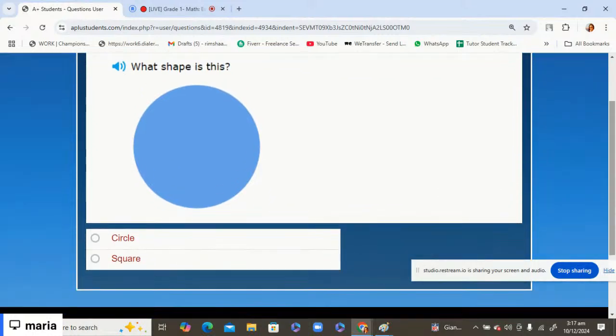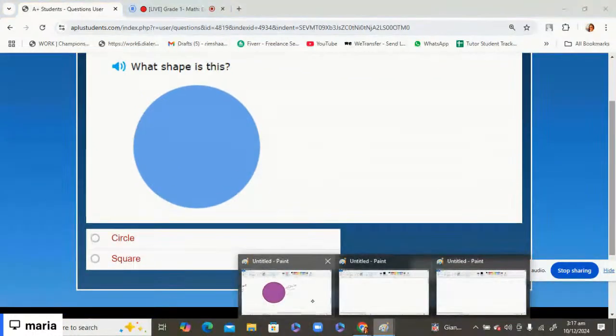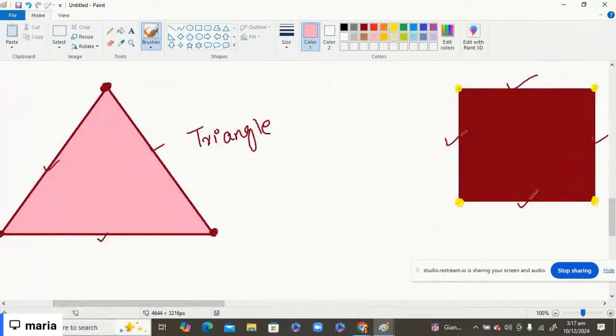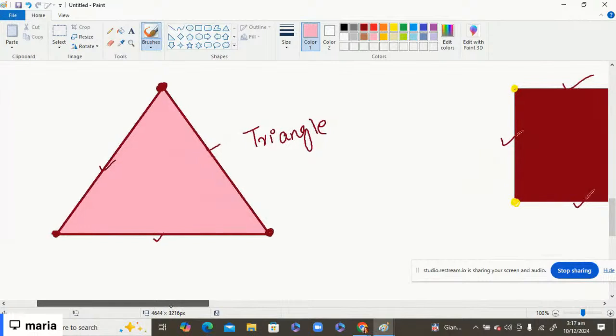All right. Hope you guys understand this lesson. So the three shapes that we discussed today, I'm going to repeat the names of the shapes again. Look at here the first shape today we discussed, that is a triangle, and there are three sides of the triangle and three vertices.